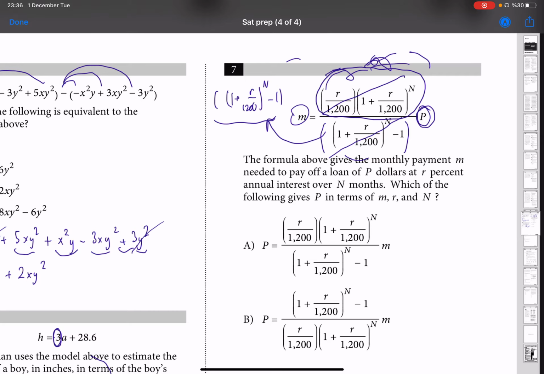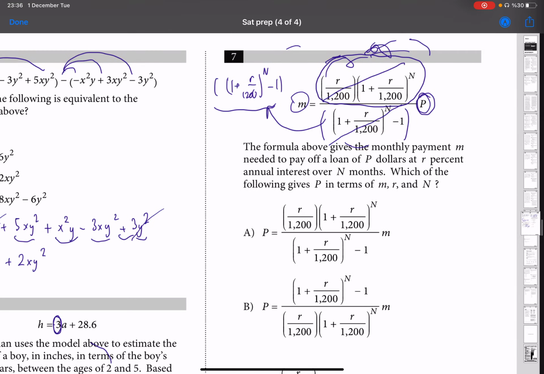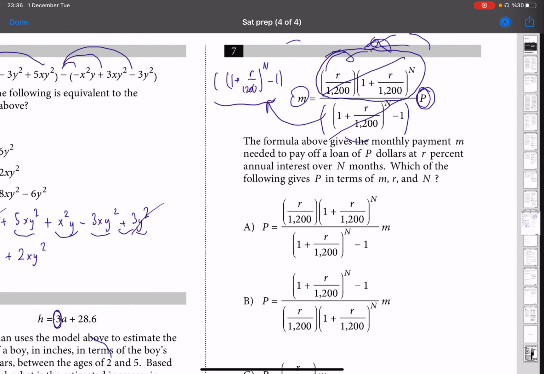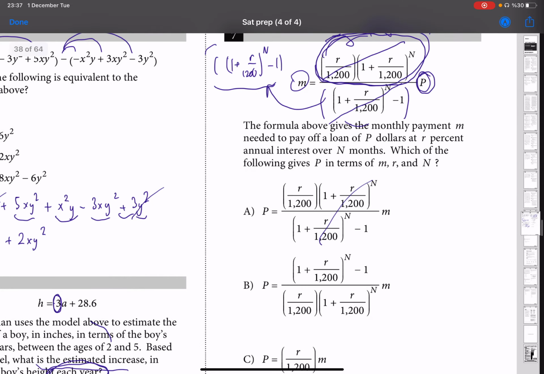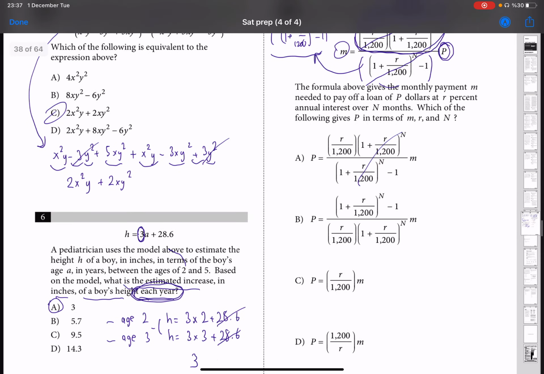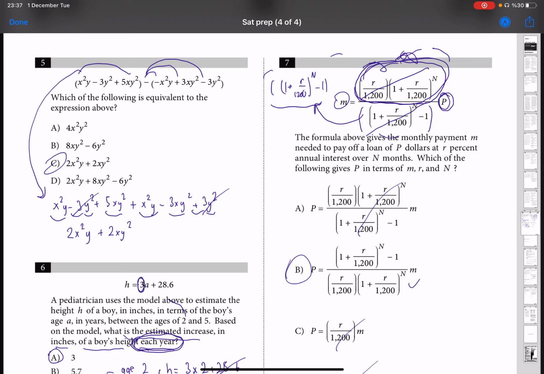I do not want to write it down. Let's check the choices. The denominator should be the numerator of this one. So this is not correct. And this is correct. The other ones are also wrong.